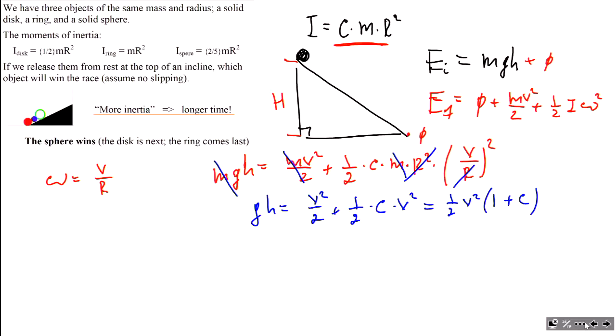So what does it give us? That gives us final speed squared equals gh times 2 divided by 1 plus the form factor, and we calculate the actual speed by taking the square root of this expression.